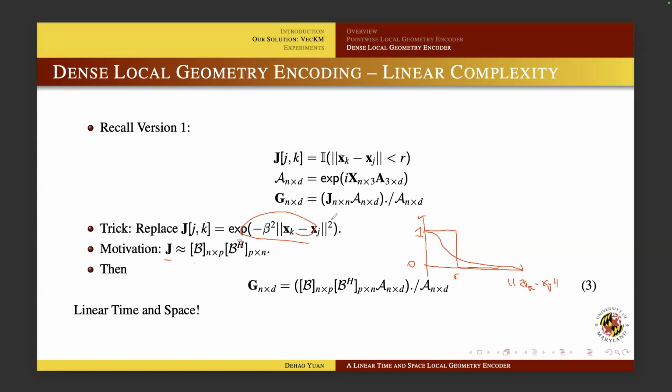Now if we replace J with this, it becomes B multiplied by B transpose and multiplied with A divided by A. However, in this case, you can compute this part first. This will give you a P by D matrix, and then you compute this, which becomes M by D. So in the whole process, it becomes linear in M. This is what we desire.